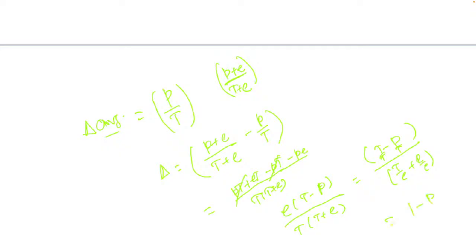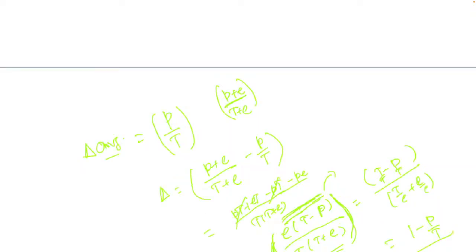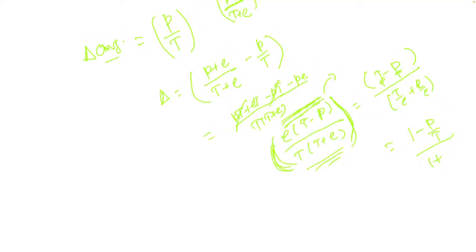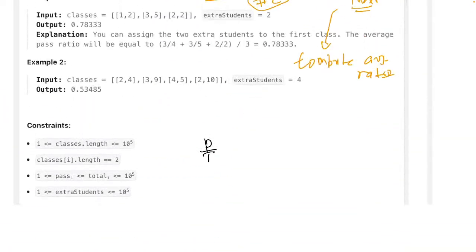So we get 1 minus P by T. Whatever, I think those things don't matter. I have to calculate this value, and that's it. This value we have to find which one is maximum, and that will be our answer. So the value comes like E times T minus P, divided by T times T plus E.